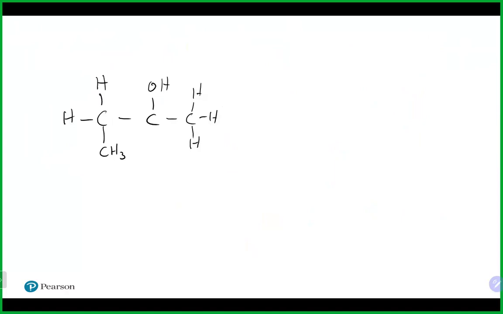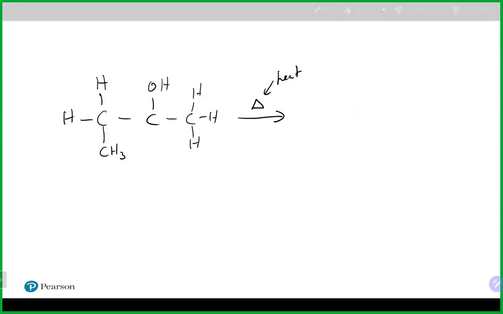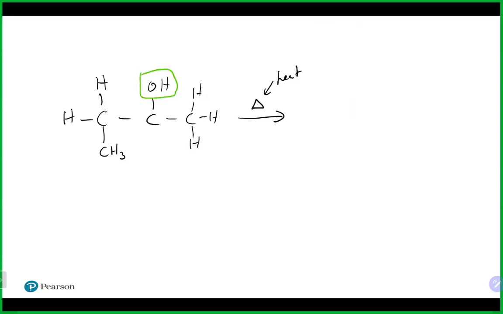Let's take this one and go through a dehydration. By the way, that is sometimes just referred to as heat, a little triangle there. So when we heat up an alcohol, we're going to dehydrate it. In this particular case, definitely for sure, what's going to go is the OH. But do I have options for where I can take the hydrogen from? I actually do. I have two neighboring carbons, right?